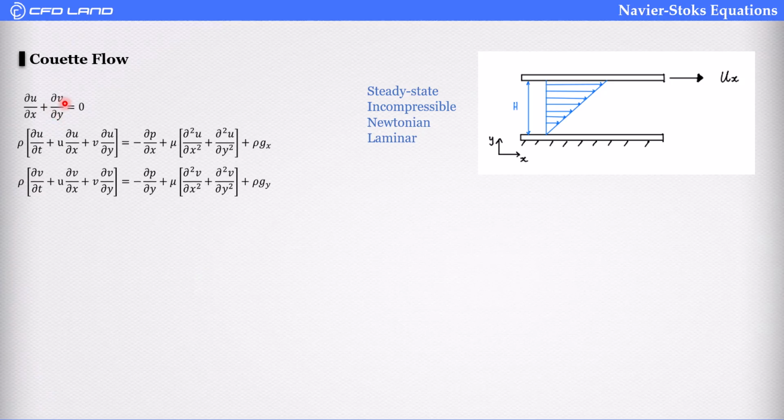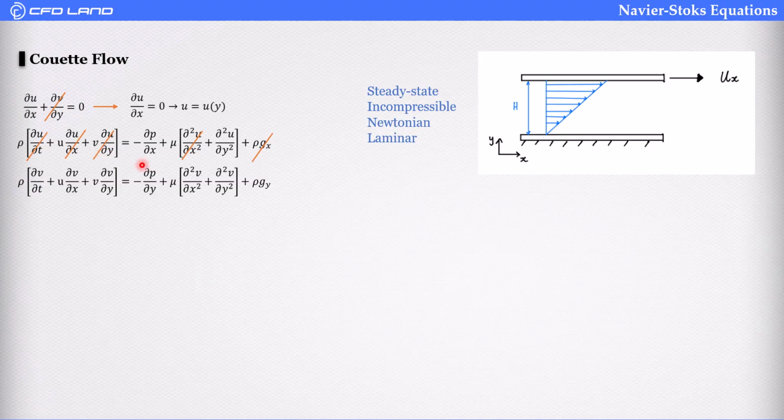So v is 0, and we can conclude that partial u partial x is also 0, meaning that u is a function of y. Now, if we simplify x momentum and y momentum, some terms are cancelled, like the transient, because it's steady state. We already said partial u partial x is 0. We know that v is 0.